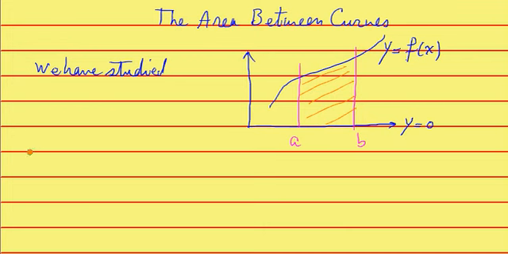So what was the area? Area turned out to be the integral from a to b of f of x dx. How did we calculate this thing? Suppose you know the antiderivative of f. So suppose you know about the function capital F, whose derivative is a little f.